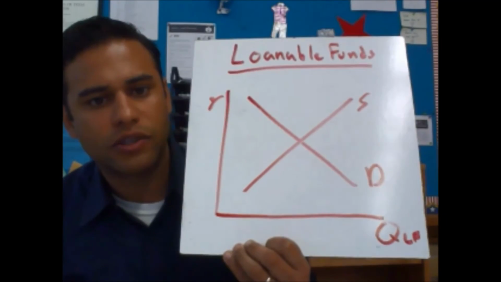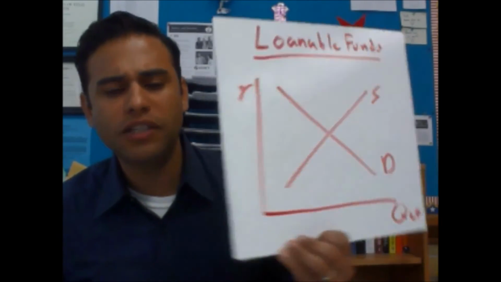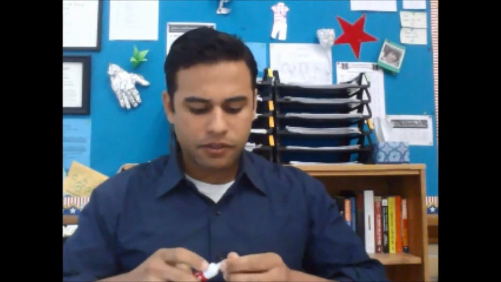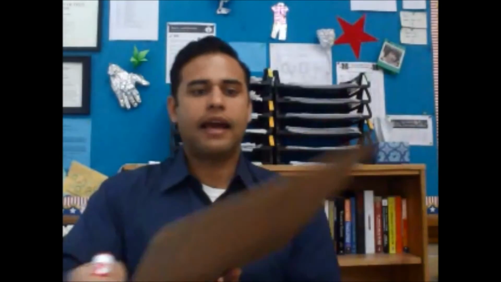The price of a loan is the real interest rate. The quantity of loans is the quantity of loans. So what's important about this? Well, it tells us how real interest rates change. That's super important, actually. Because if demand for loans goes up, what just happened to the real interest rate? Yeah, you got it.